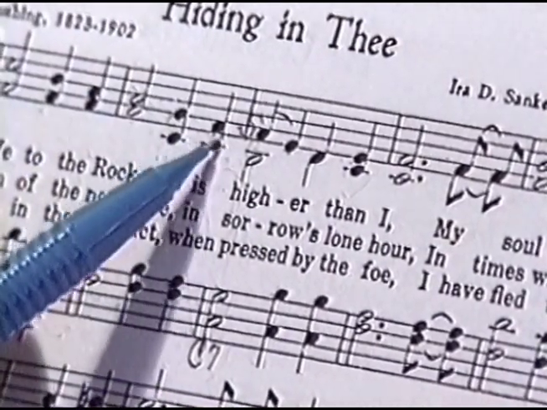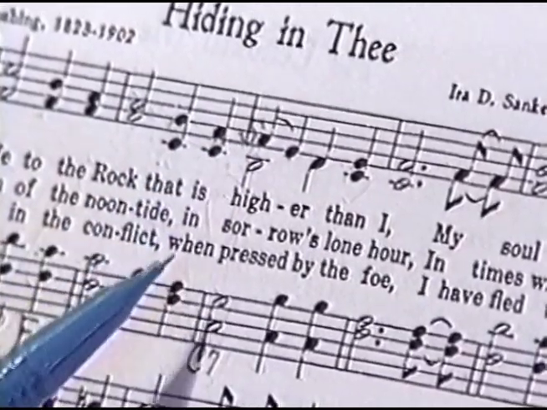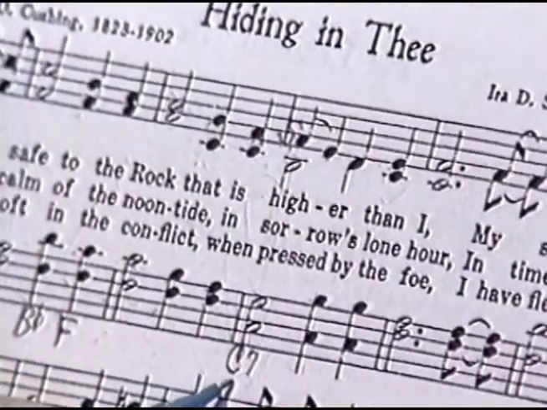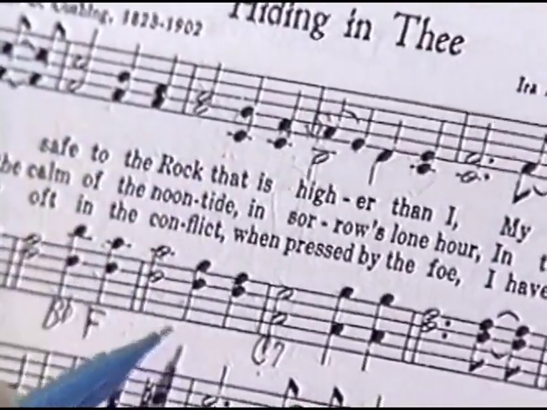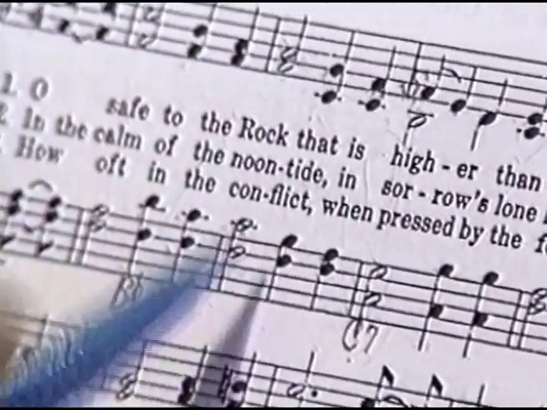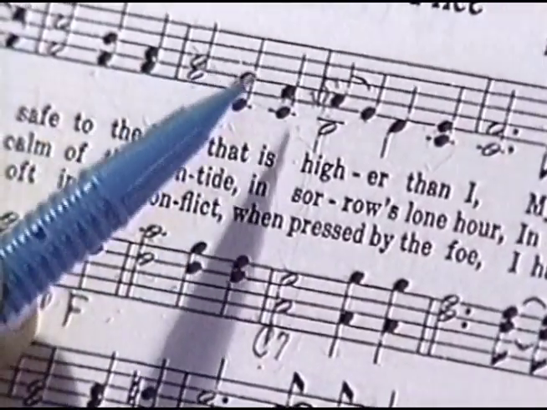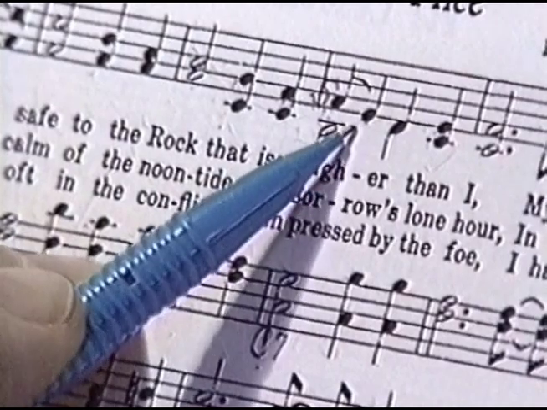So, recognizing that this is the suspension, we know that we have changed the chord. A suspension, unlike the passing tone, does affect the chord. So here we have a C7 with this resolution, we call it, moving to the E.